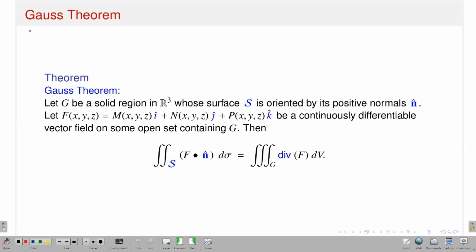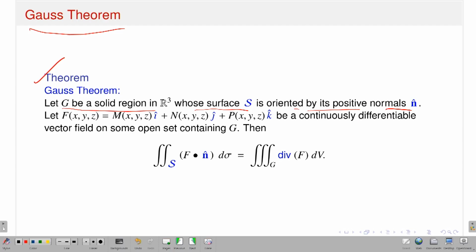Okay. So this is the statement of Gauss theorem or Gauss divergence theorem. What you have to do is start with a solid region in the 3-dimensional Euclidean space whose surface S is oriented by its positive normals. Okay.